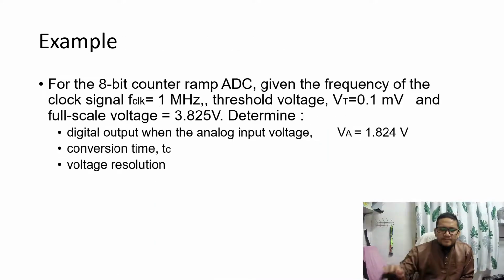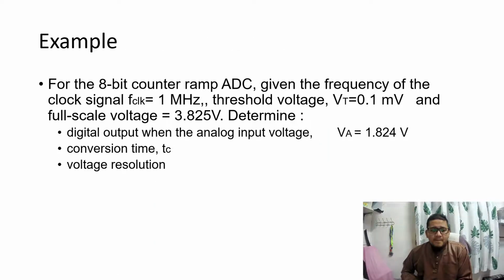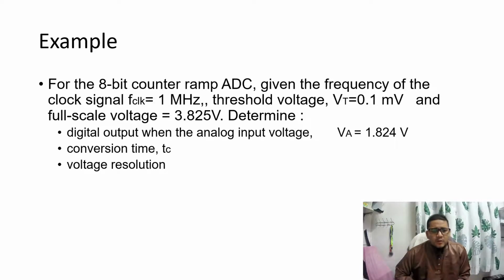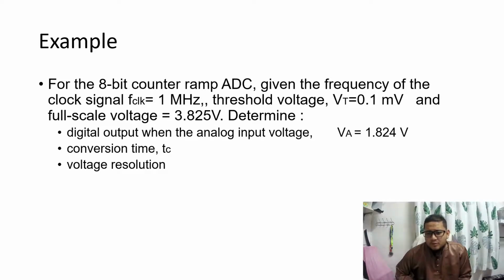Okay. Now we move to the examples. For example, we have an 8-bit counter ramp ADC. Given the clock frequency of 1 megahertz, the threshold voltage VT equal to 0.1 millivolt, and the full scale voltage 3.825 volts.